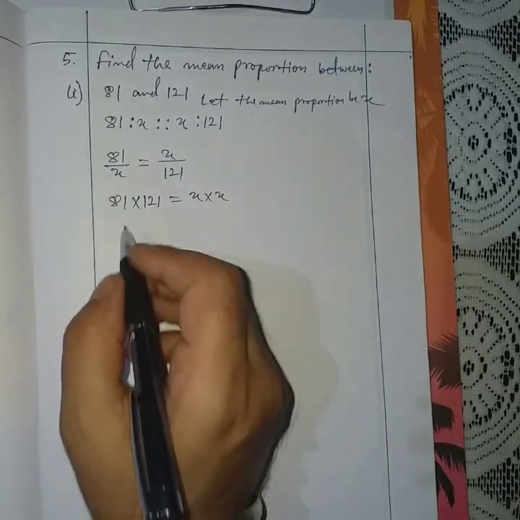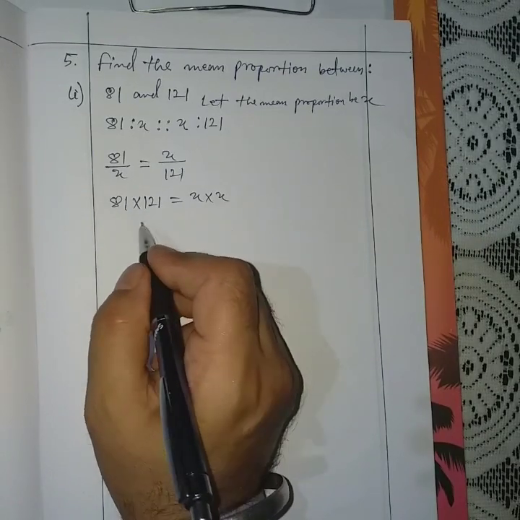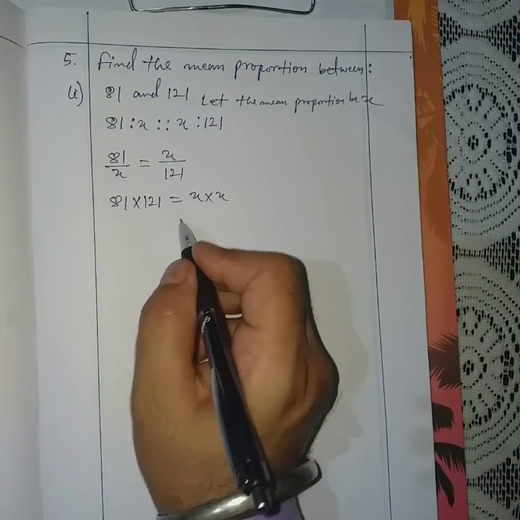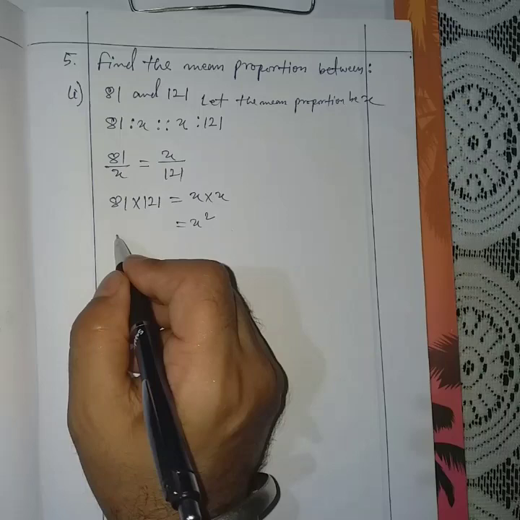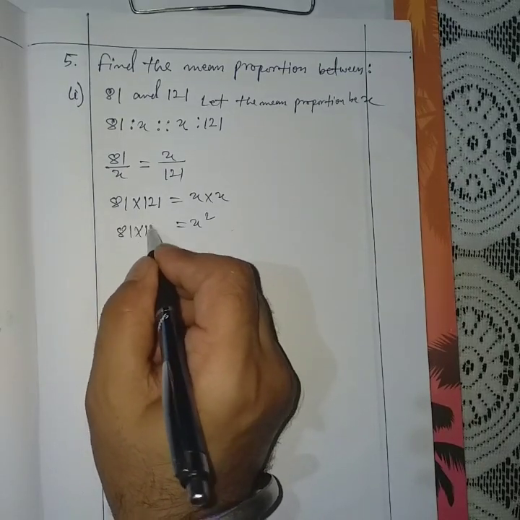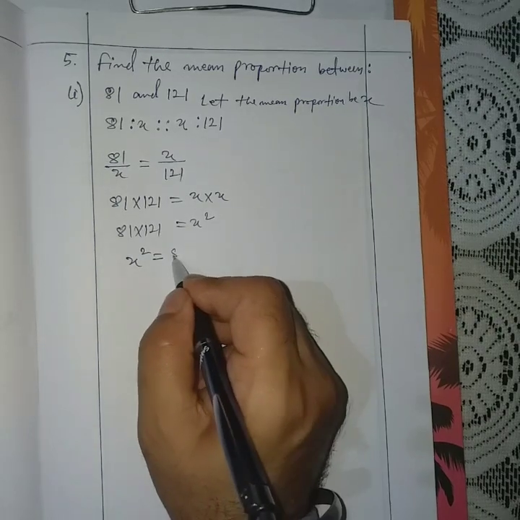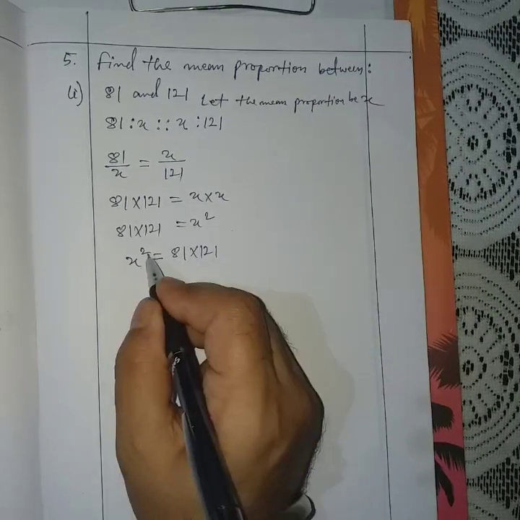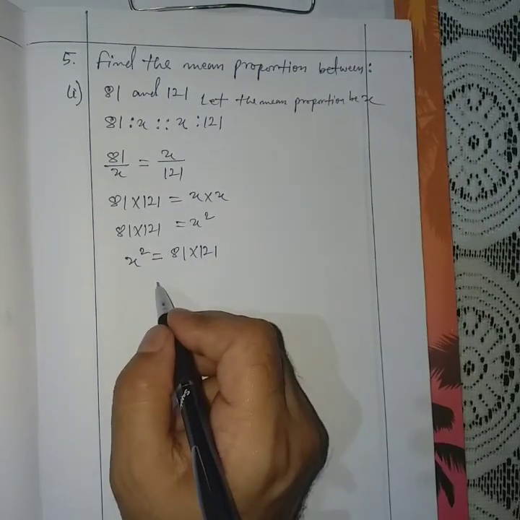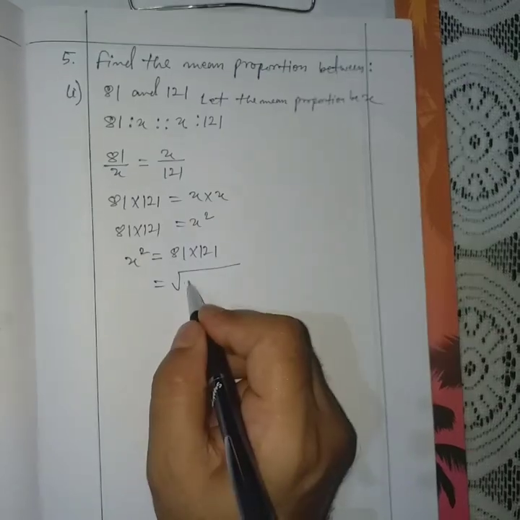When x square goes that side, the square becomes square root.